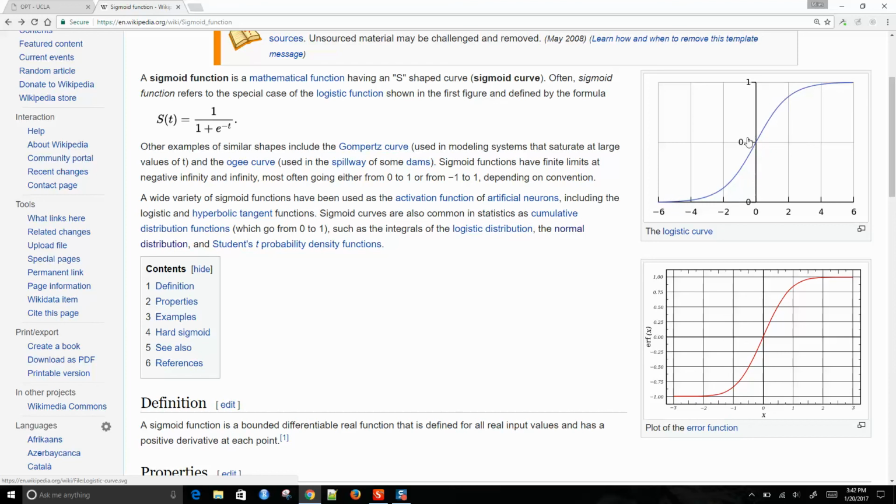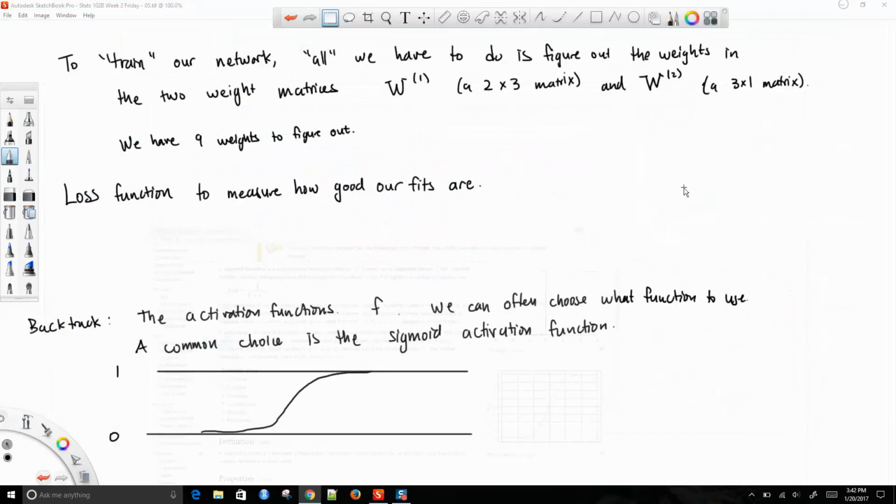If you're at 0, it's 0.5, and as you go higher or lower, it goes toward 1 or 0. So this is just 1 over 1 plus e to the negative t. This is the sigmoid function.